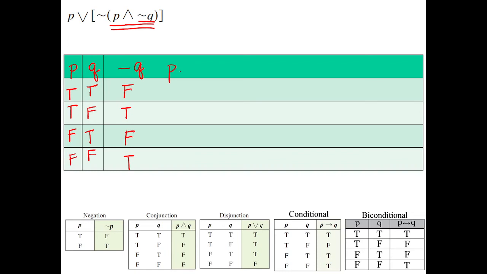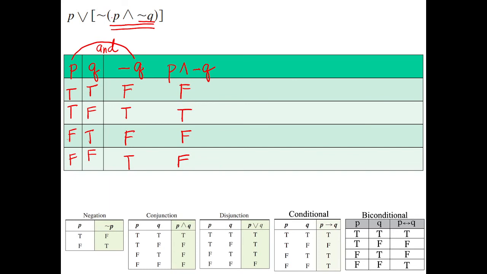Next, we use these two columns for the next column: P and not Q. I use and. So true and false, false. False. True and true, true. False and false, false. False and true, false. Okay, I am done with this one.